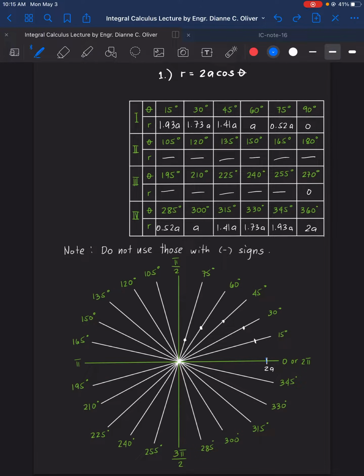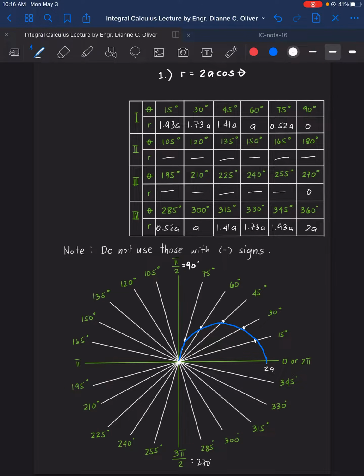So let's just follow the curve here. There you go. Next, let's go to the other part. This is 90 degrees, and this is the 270 degrees, 0.